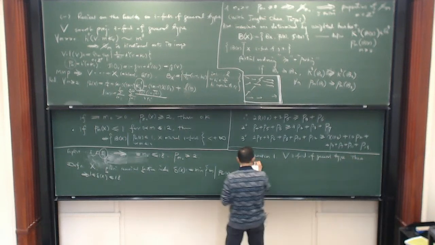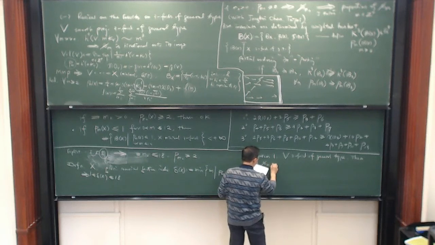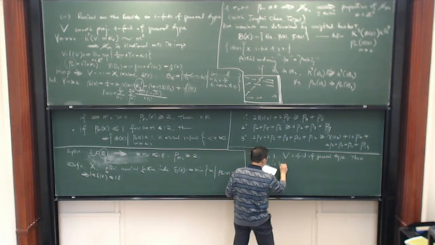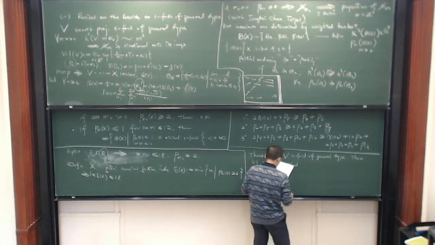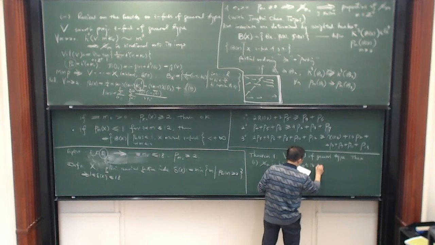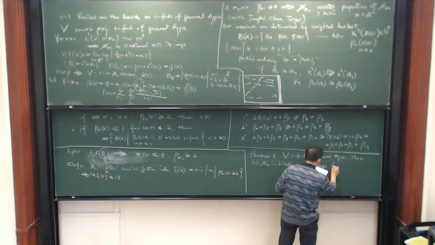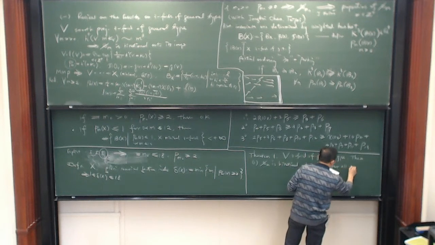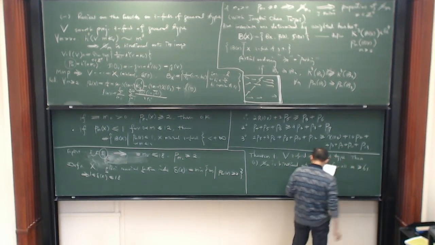The first statement is that phi of m is birational onto the image for m larger than or equal to 61.